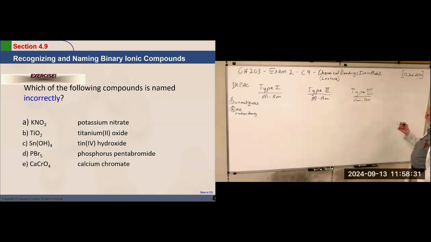If you have ClO3 minus, that's the chlorate polyatomic ion. You take one oxygen away, it still has a -1 charge. That's chlorite.